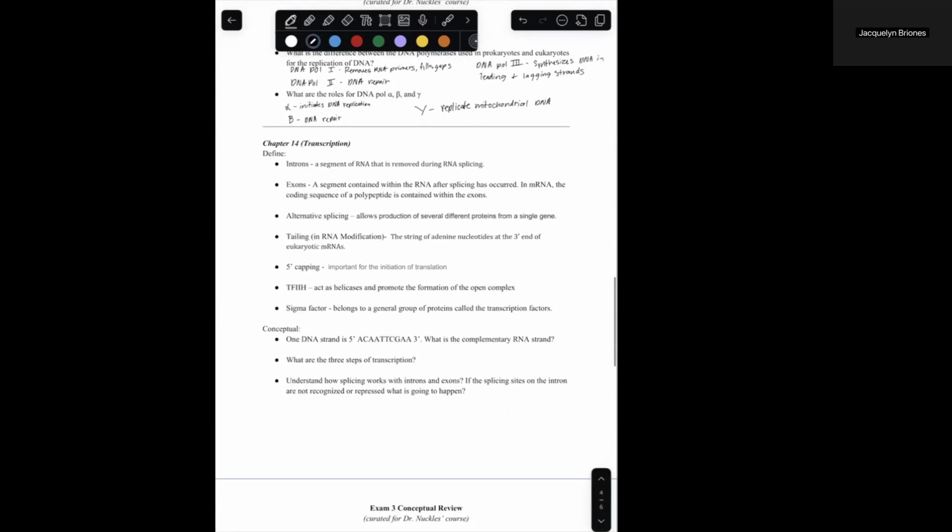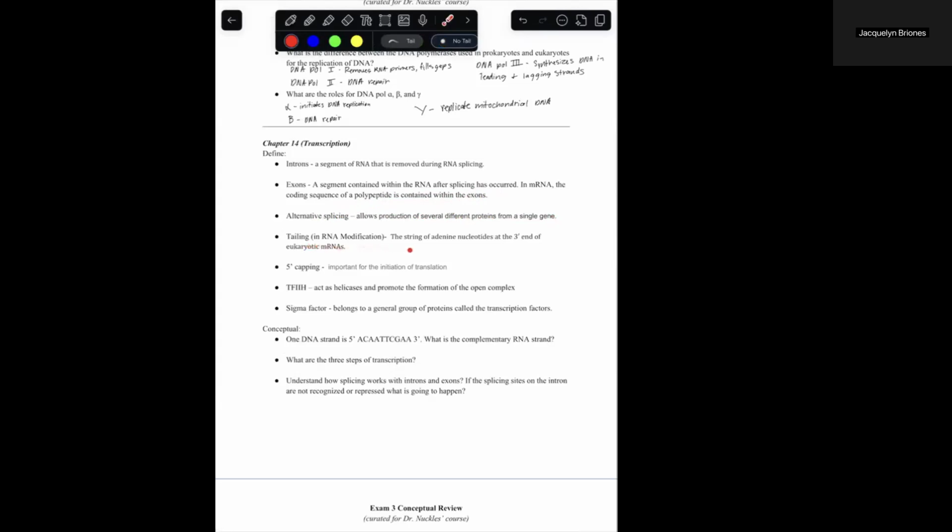Now for chapter 14, introns are a segment of RNA that is removed during RNA splicing. Exons are a segment contained within RNA after splicing has occurred. In mRNA, the coding sequence of a polypeptide is contained within the exons. Alternative splicing, this is really important, allows several proteins from a single gene.